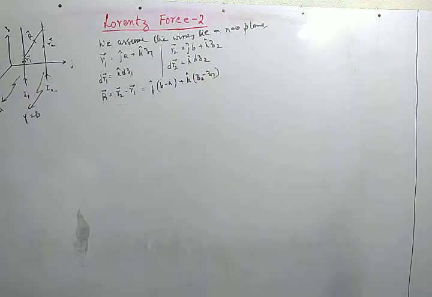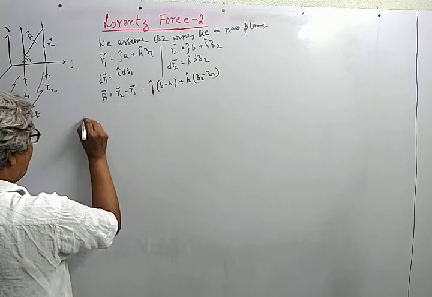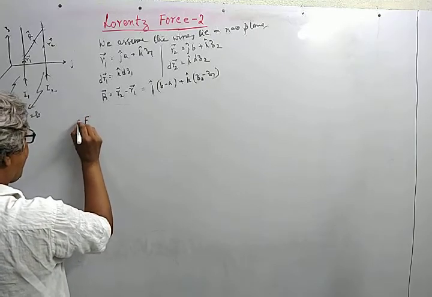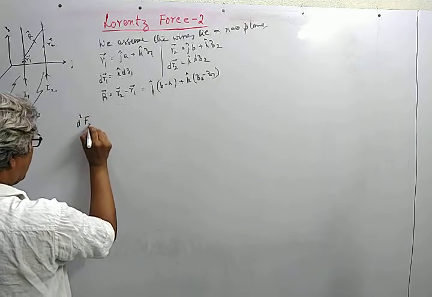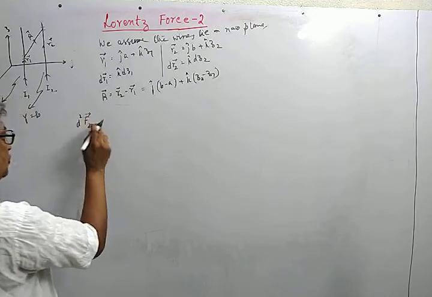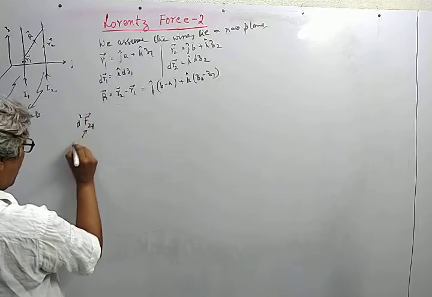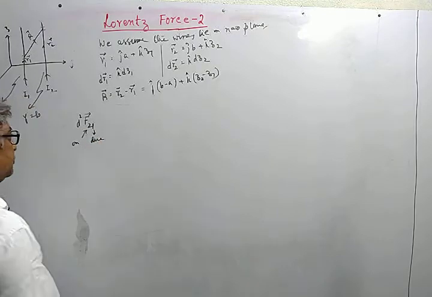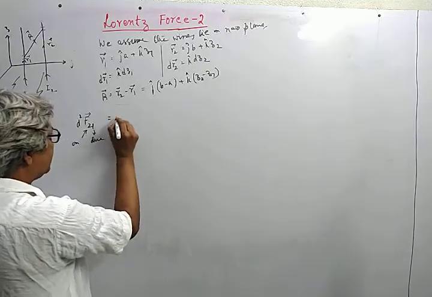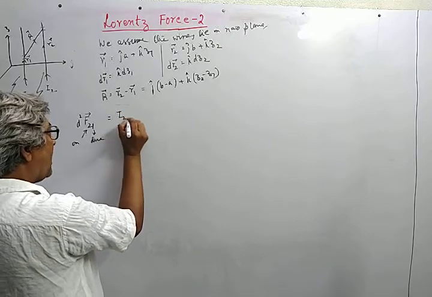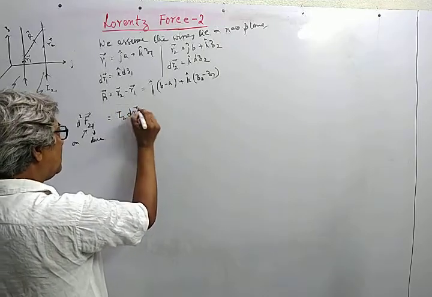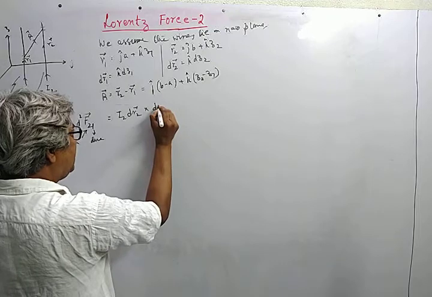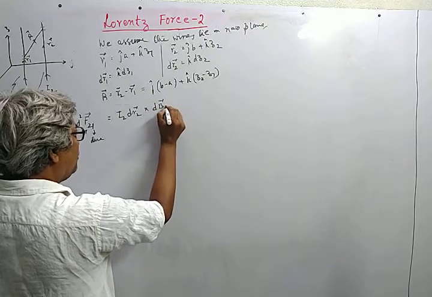Now the force on 2 due to 1, the notation that we have used, is equal to I2 dr2 cross dB due to 1.